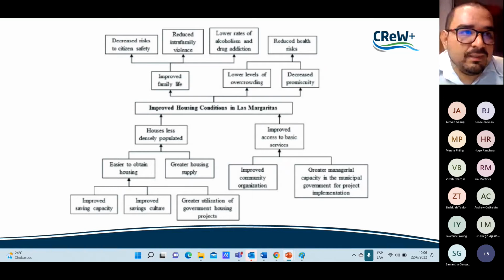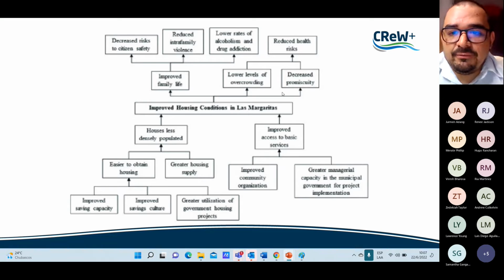Maybe the calls, the number of problem reports to the police, for example. So maybe you can use the phone calls, etc., as an indicator. Or also you can apply some interviews, in Spanish encuestas, in English interviews, to the community to see if they see a reduction in alcoholism and drug addiction, etc.